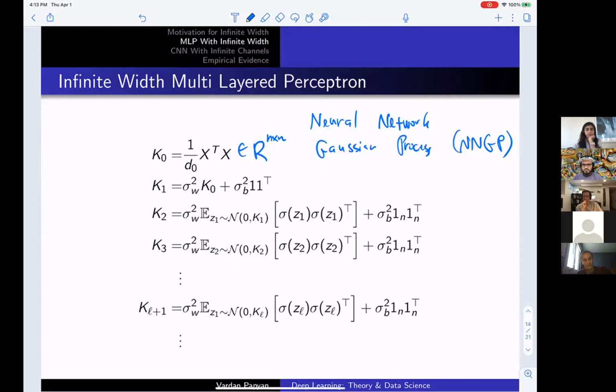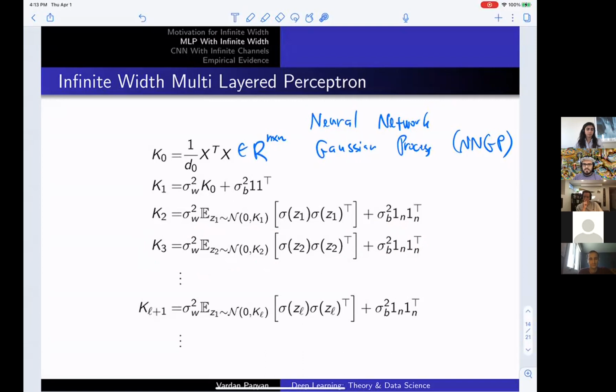And then you take this matrix and you construct the Gram matrix of the different layers. So for example, this is the Gram matrix of the representations after the first fully connected layer. And this is the Gram matrix of the representations after the first ReLU. And this is the Gram matrix after the second ReLU, and so forth.